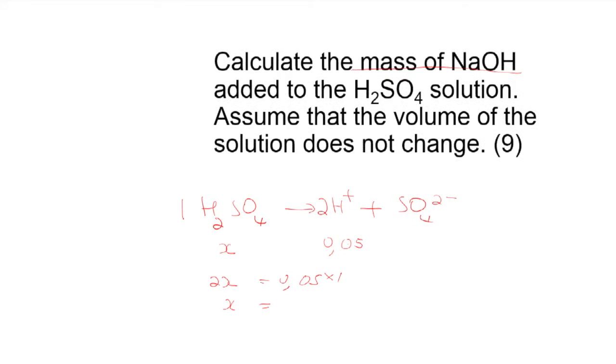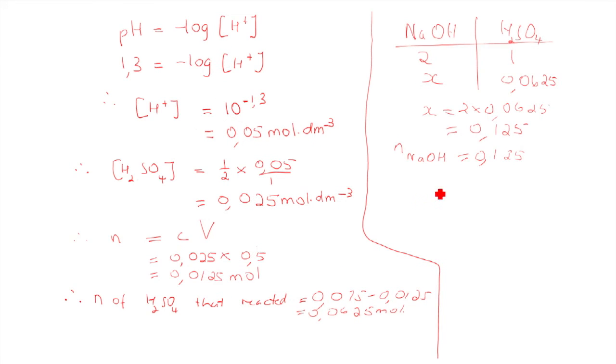What was the question about? It was not about number of moles, but about mass. We know that n is equal to m over M. This is for sodium hydroxide. We substitute 0.125 is equal to the unknown m that we are looking for over the molar mass of sodium hydroxide, which is 40.